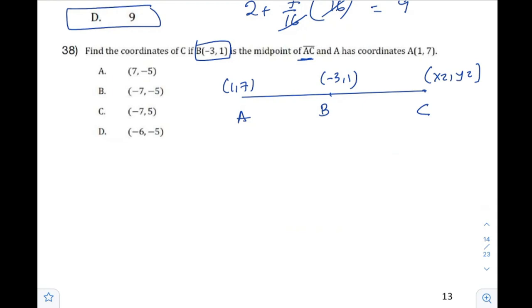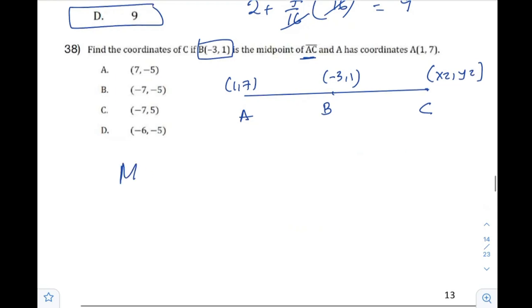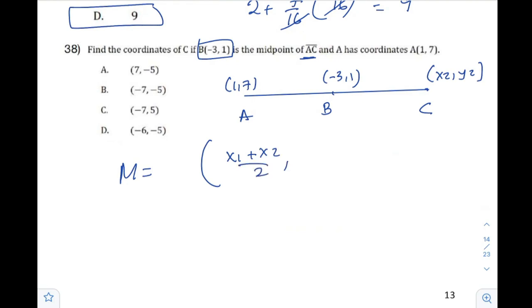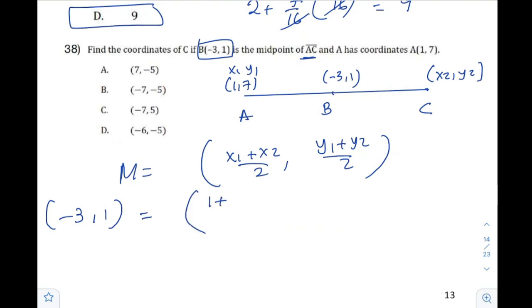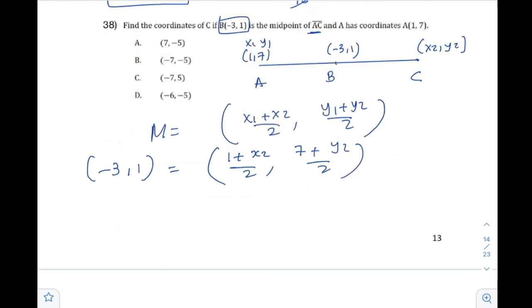He wants C. Remember, the midpoint is x1 plus x2 over 2, y1 plus y2 over 2. We know x1, y1, and we know the midpoint, which is -3, 1. So this will be x1, which is 1 plus x2 that I don't know, y1 plus y2 that I don't know, over 2.